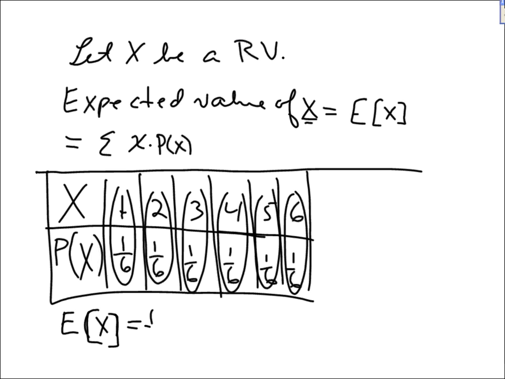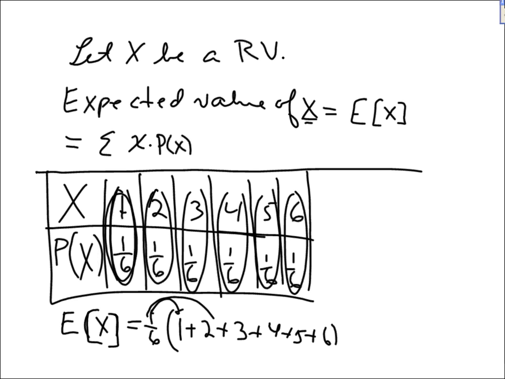You can factor out the 1/6 and just add up 1 through 6. To convince you, 1/6 times 1 is exactly the first product, plus 1/6 times 2 is exactly the second product, and so on, until you get to 6 times 1/6.